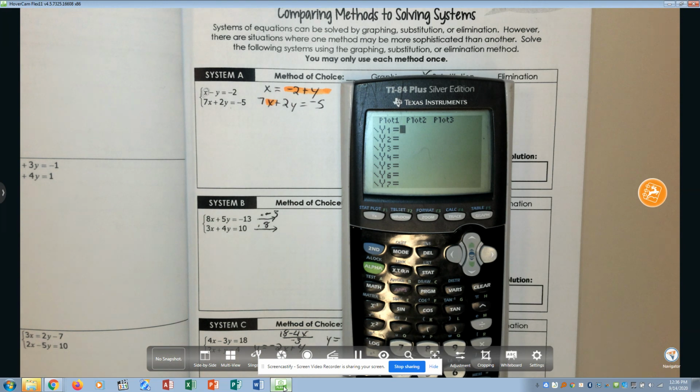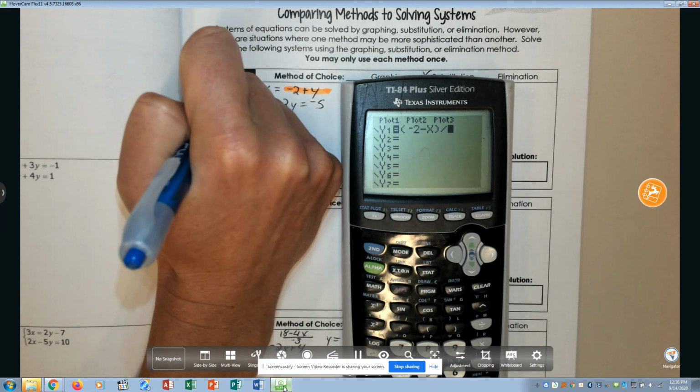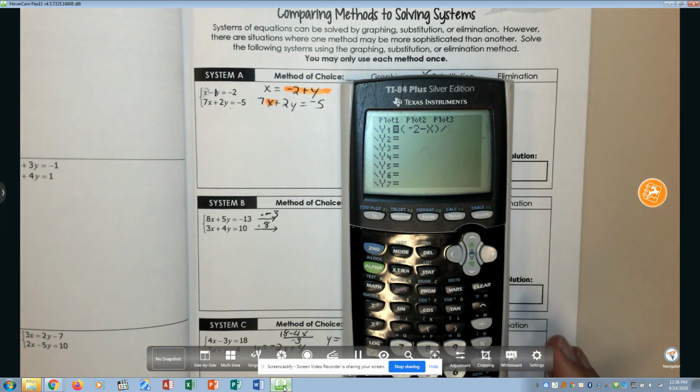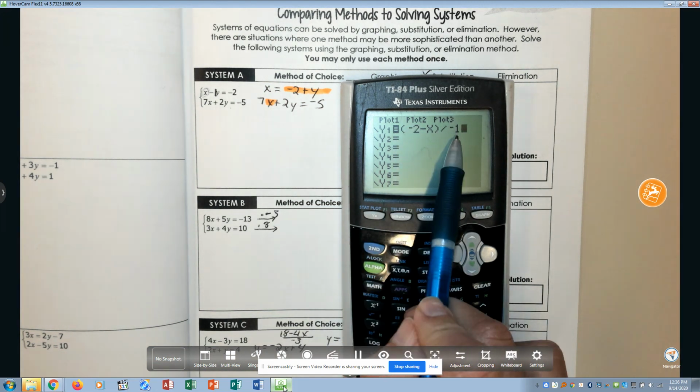And you start with singing the song. All right, so you take what is over here, put it in parentheses, and sing the song. Subtract the x term and close parentheses, divide by the coefficient of y. So this would be a negative 1. So the reason why I put the numerator in parentheses is because everything here gets divided by negative 1.